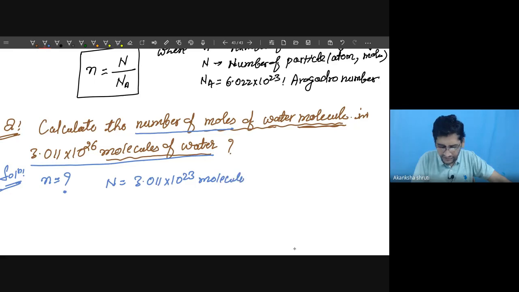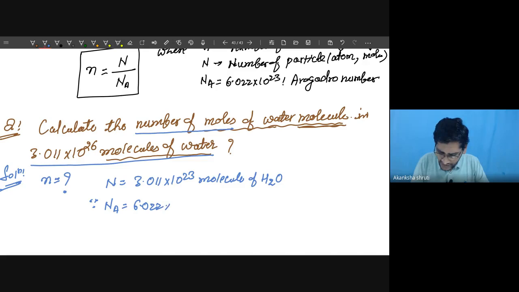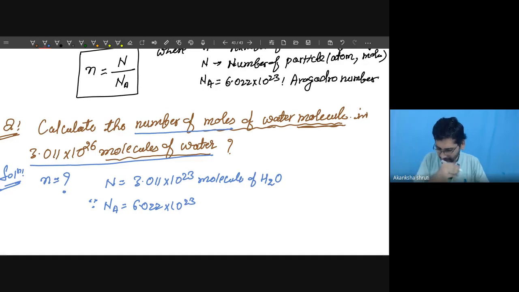So always write what is given, molecules or atoms, of water, which you may write as H2O. Now the standard number Na, the Avogadro number, is always available with us. Like for calculating the dozen, the number 12 will not be given to you, but it will always be available with you. So Na is 6.022 into 10 to the power 23.